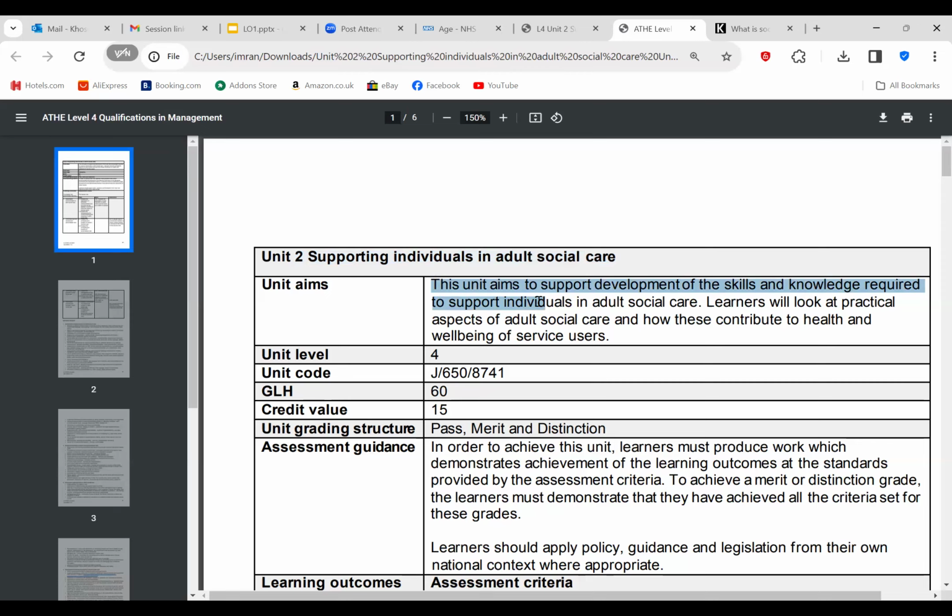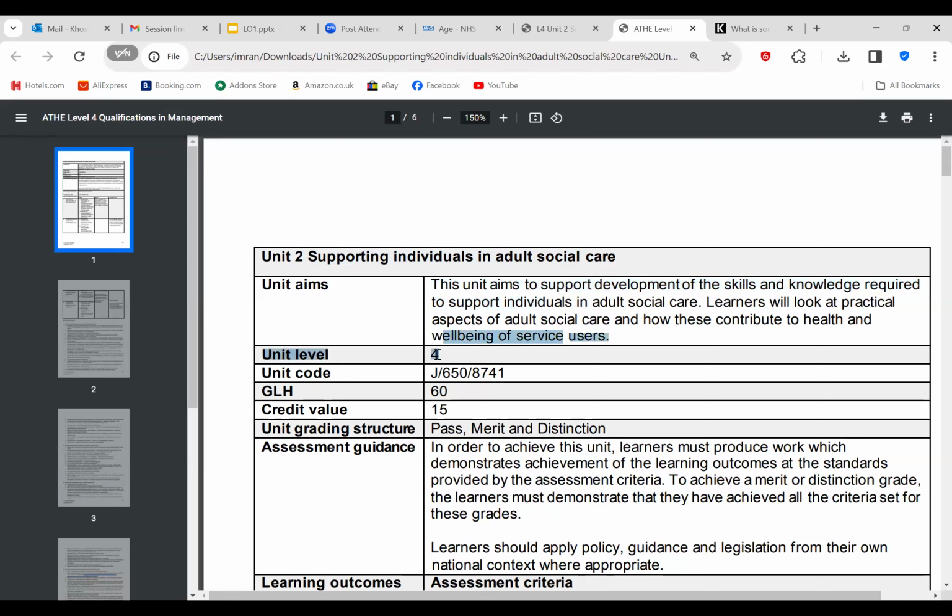So you're in the right place. If you want to support adults in adult social care, because every social care is different, adults will be completely different compared to children. You would be looking at practical aspects of adult care and how these contribute to the health and well-being of service users.